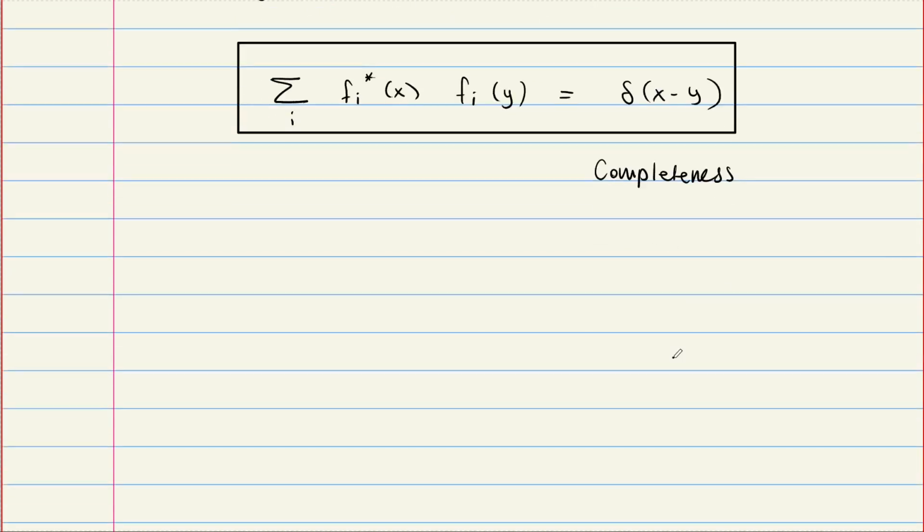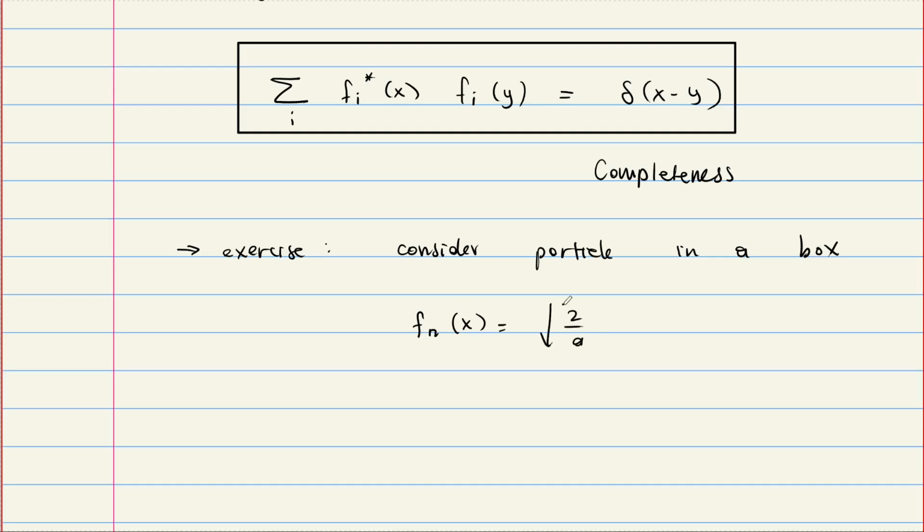Maybe as an exercise, consider a particle in a box, and there, if you remember, f_n of x was something like this: square root of 2 over a, sine of n pi over a times x.